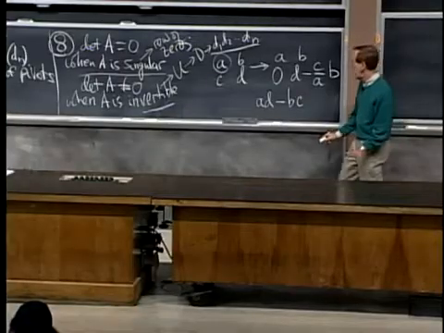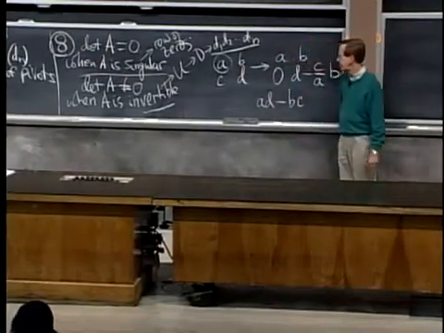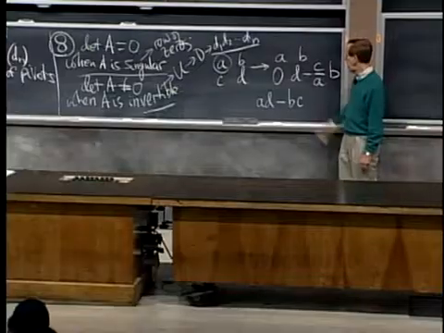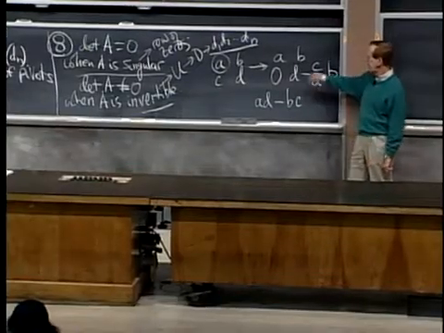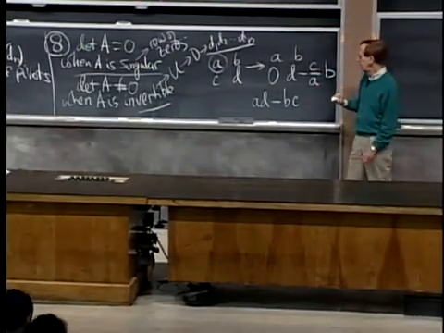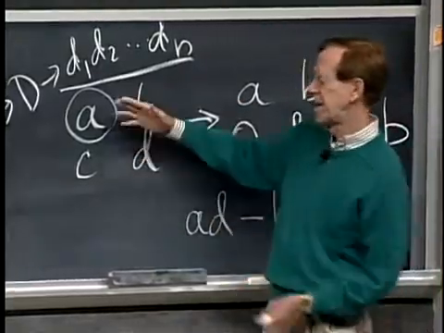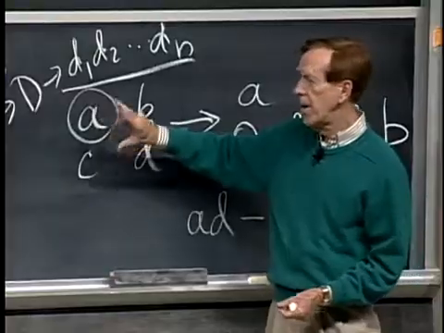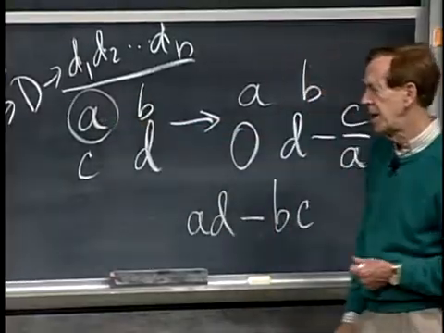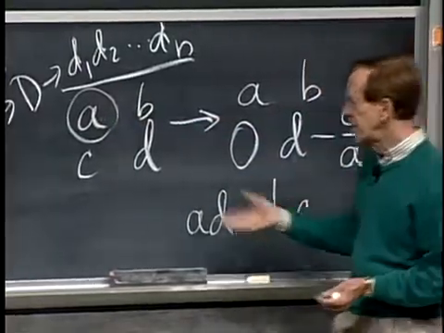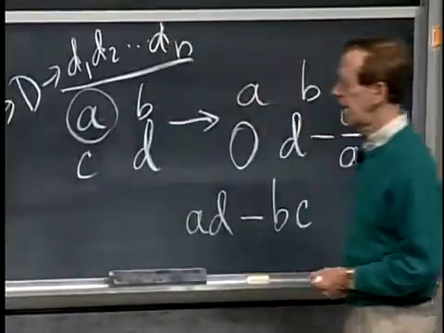So that's great, provided A isn't 0. If A was 0, that step wasn't allowed. 0 wasn't a pivot. So that's what I've covered, all the bases. If A is 0, then I have to do the exchange. And if the exchange doesn't work, it's because A is singular. Okay.